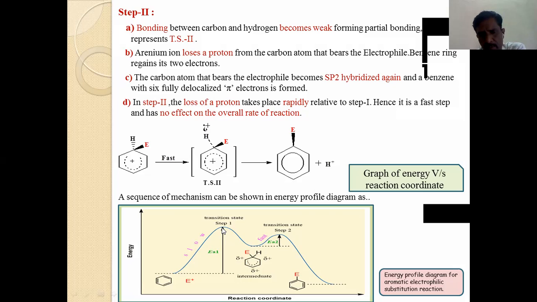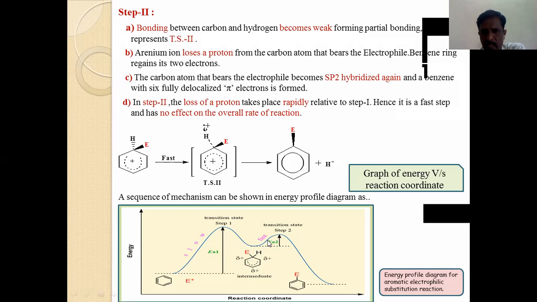Once transition state 1 is formed, there is again a decrease in the energy, and this is called the complete formation of transition state 1. In the next step, there is elimination of the proton, step second. This step is a fast reaction. I have also shown it in the energy profile diagram.